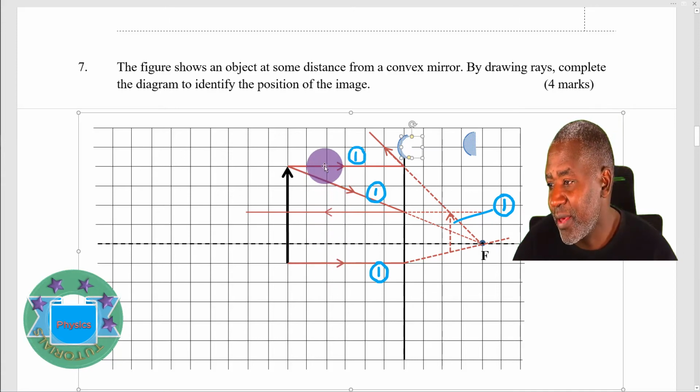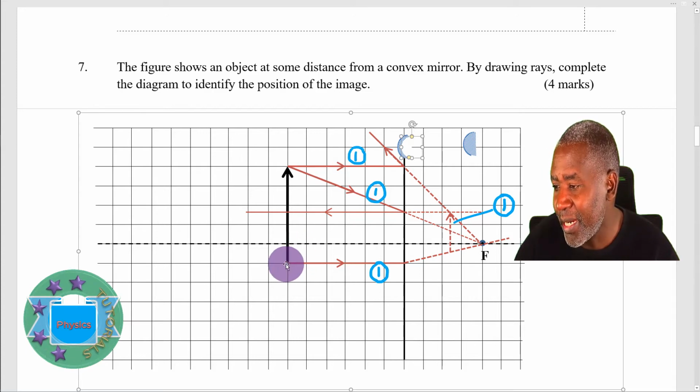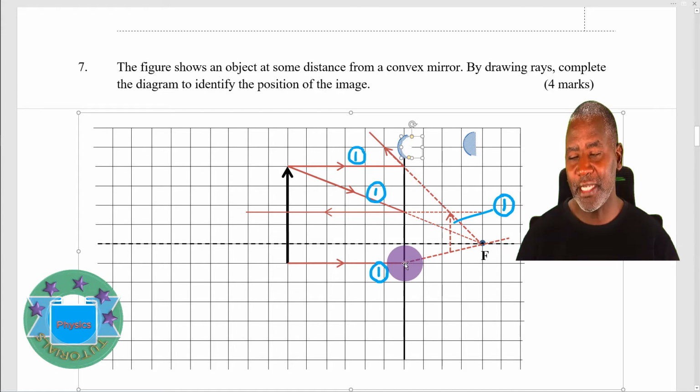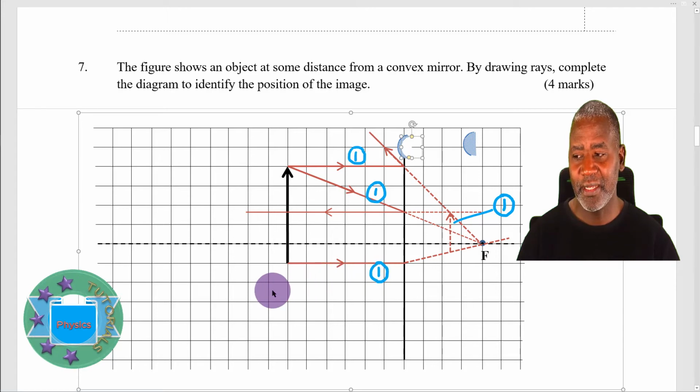So we'll go to the first law here. A ray of light which is initially close to the principal axis and parallel to it is reflected in such a way that it appears to come from F. So again, I identify this point and this point with a ruler, and then I draw the reflected ray like that.